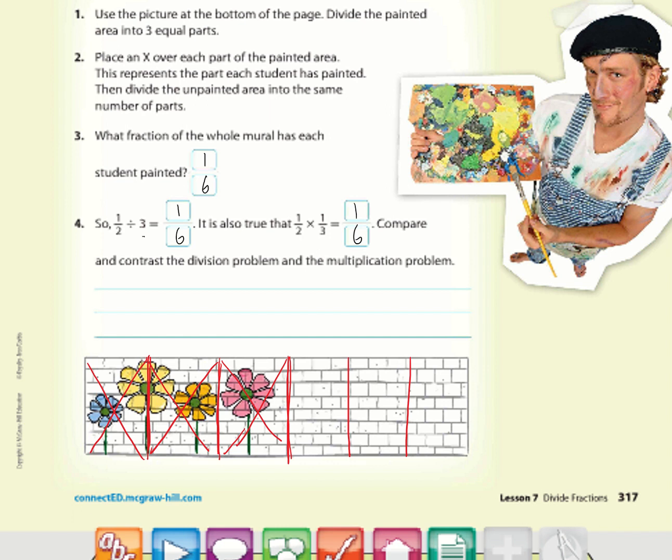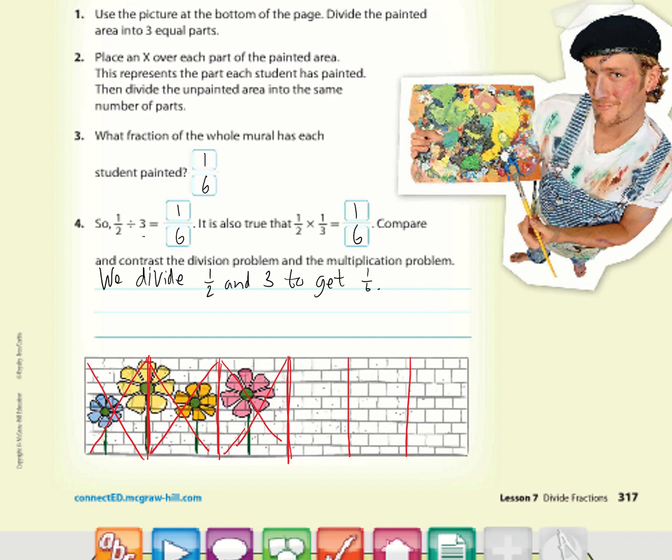So this is just explaining the difference between the 2 problems. So we divide 1/2 and 3 to get 1/6.